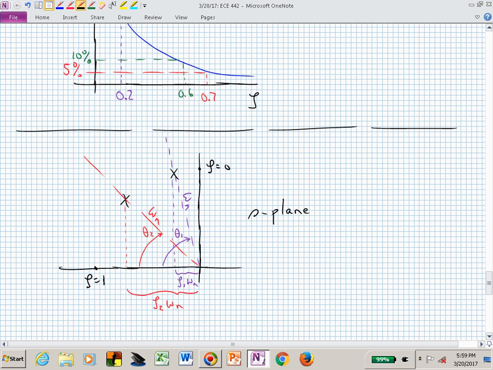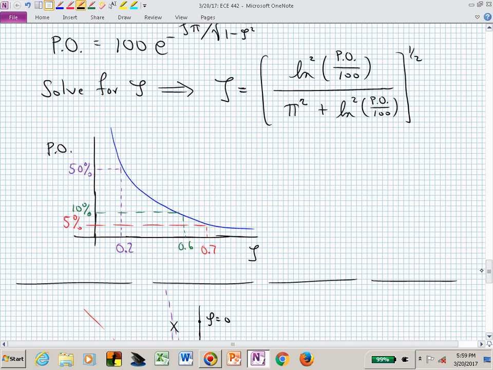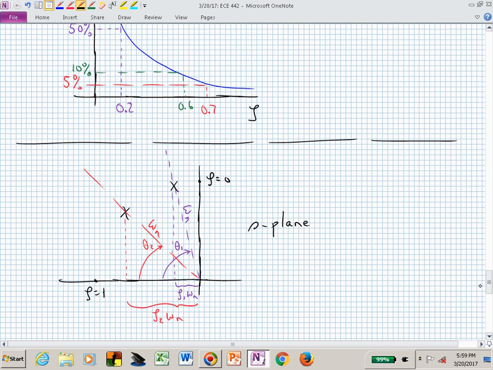Now, if this is the case, if you wanted to have less percent overshoot, I want you to start connecting these angles or these wedges in the S-plane. How do you want your edge to be moving? For example, in this case, if you look at theta and zeta, here's zeta.